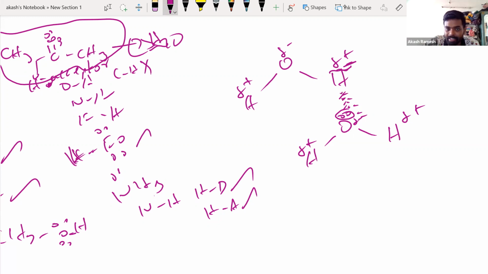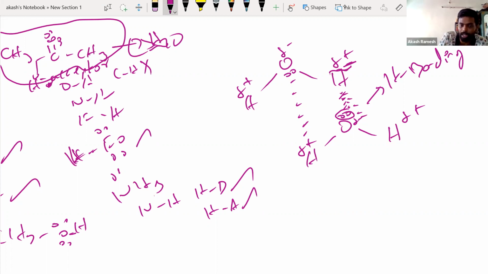So all you have to understand is that the del positive and the lone pair on the oxygen on the next water molecule will have an attractive force, and that is what is called hydrogen bonding. Same can happen between this lone pair and this hydrogen. Another water molecule is there. Again, I can have that also. So this is what is called hydrogen bonding.